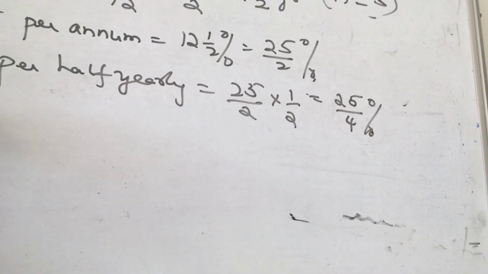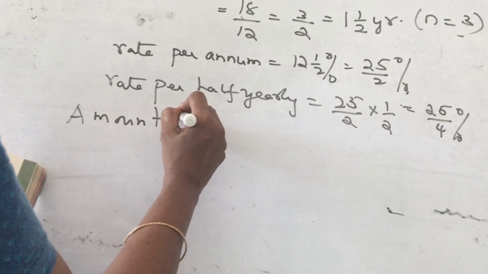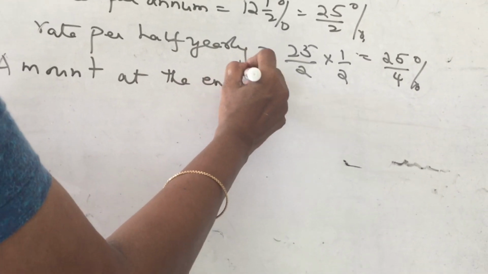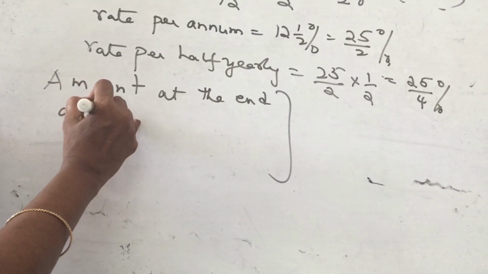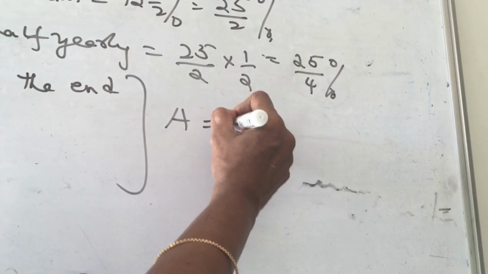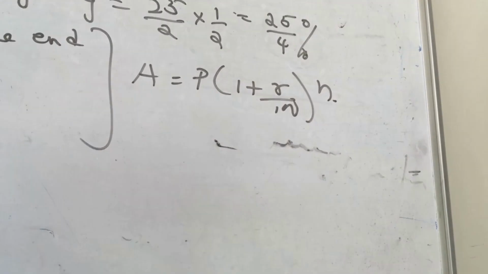Amount at the end of 1.5 years. There is no change in the formula, children. Only your rate should be divided by 2.